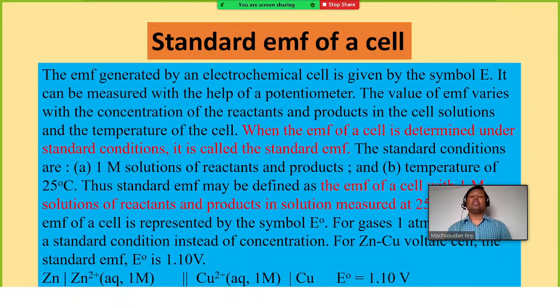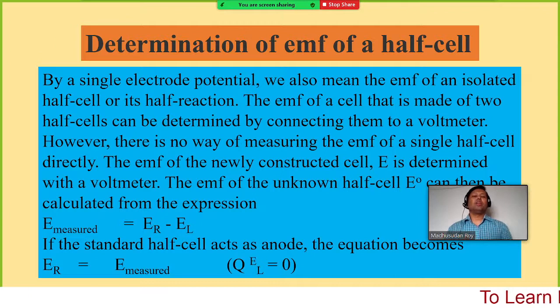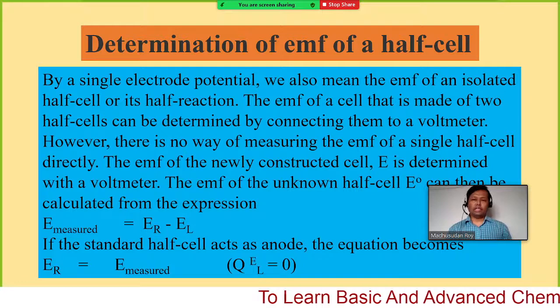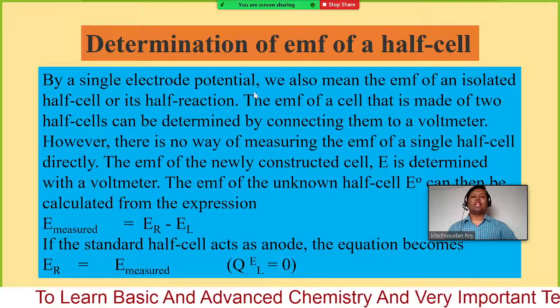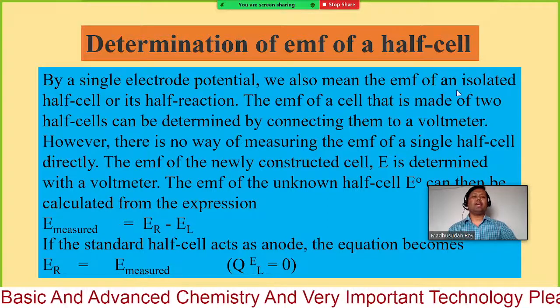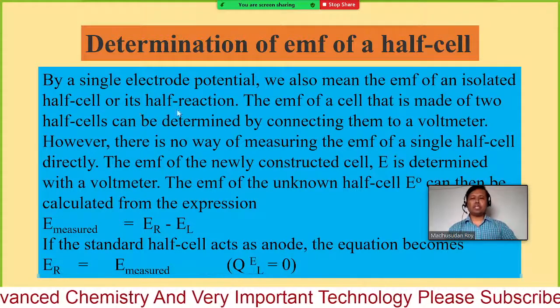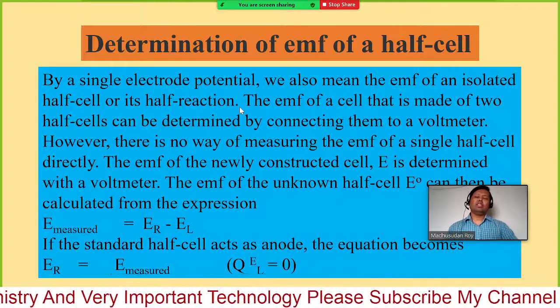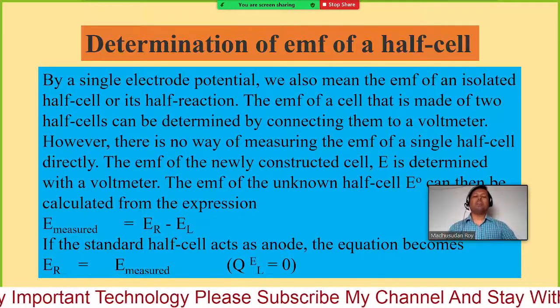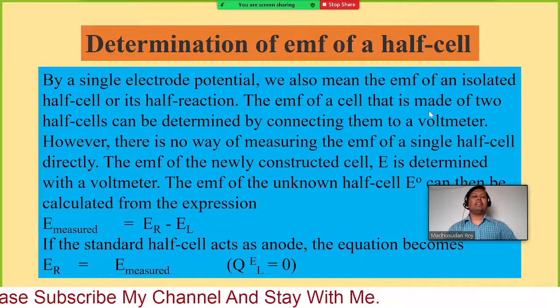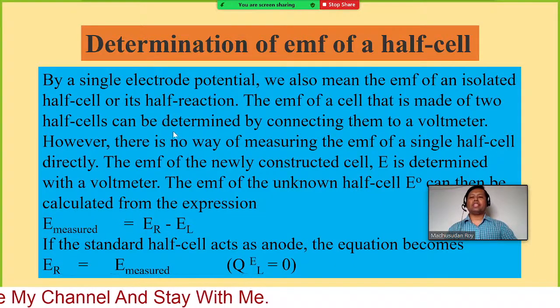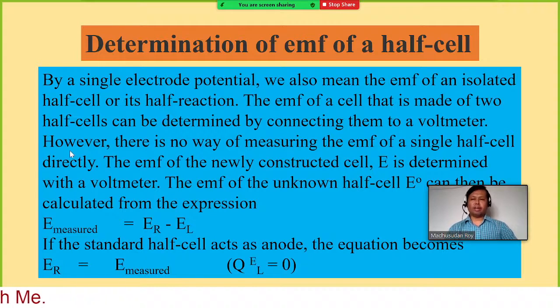But in the case of a half cell, you cannot measure the electrode potential so easily. By a single electrode potential we also mean the EMF of an isolated half cell or its half reaction. The EMF of a cell that is made of two half cells can be determined by connecting them to a voltmeter, as already mentioned several times.